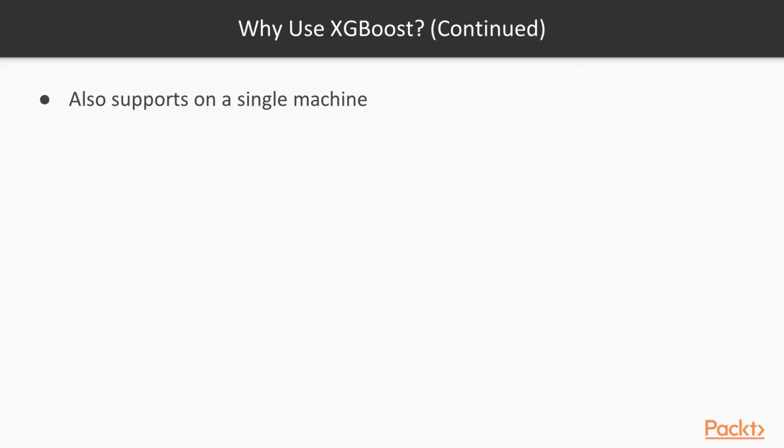And when it comes to a little bit more details about why it is actually so fast, on a single machine it actually supports all of the CPU cores that you have in your machine. So this means that it uses the resources at the maximum.